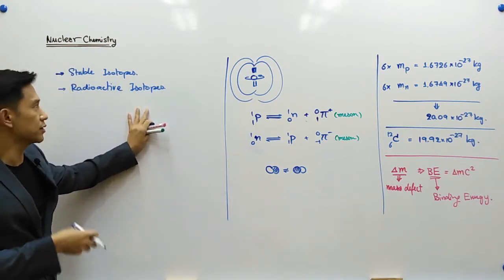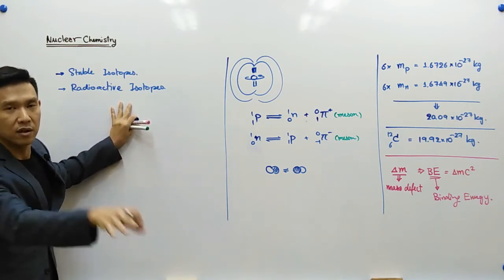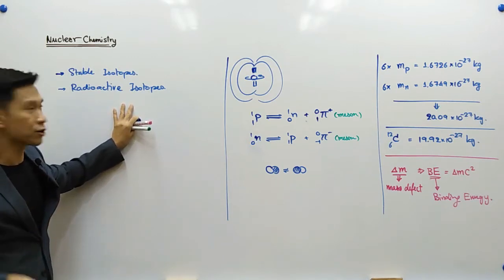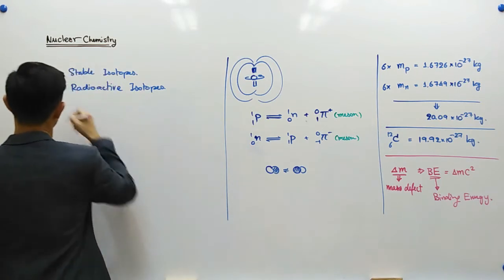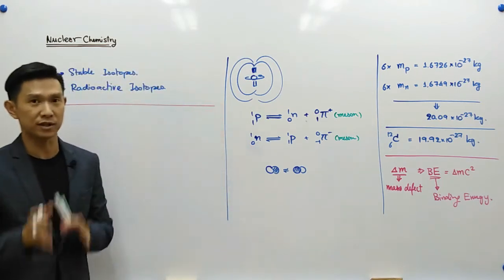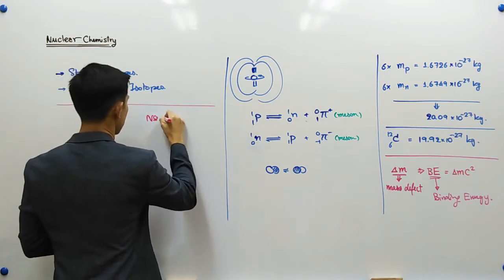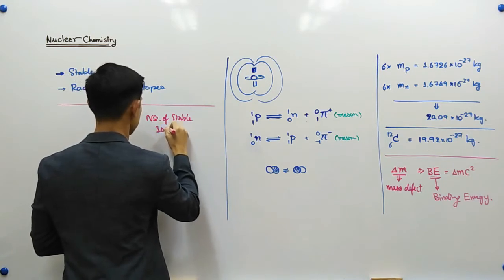So the nucleus of these isotopes decomposes and then produces radiation, alpha, beta, gamma, things like that from your high school. So now, if we look at just the stable isotopes, the number of stable isotopes.